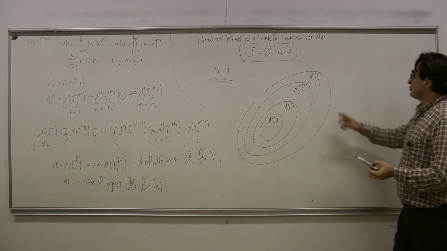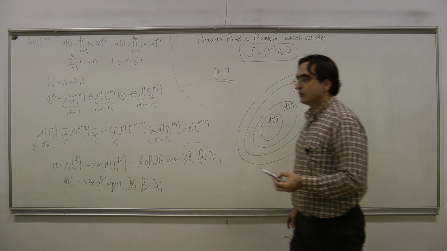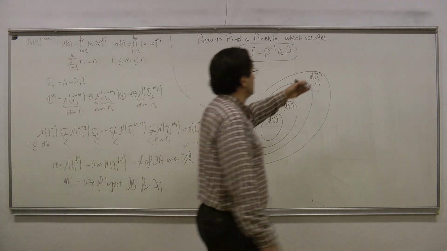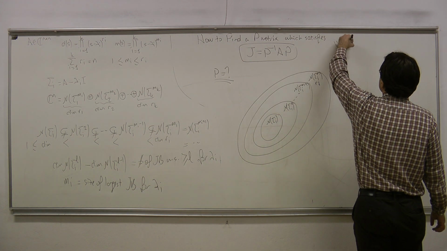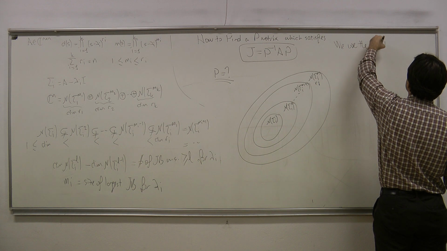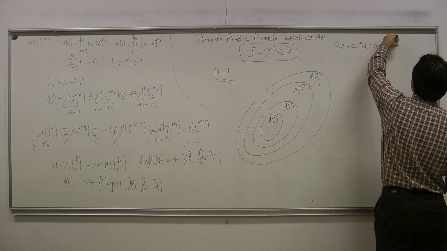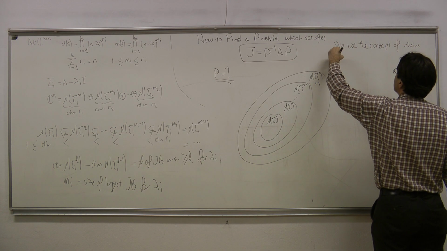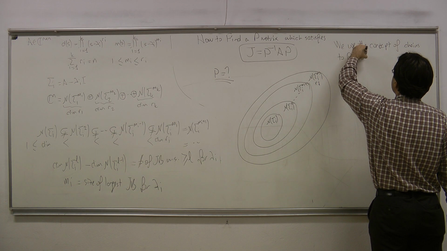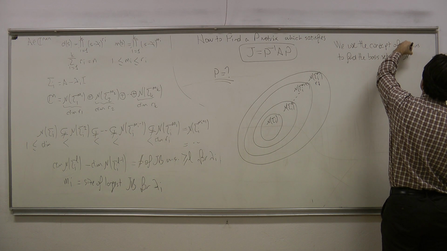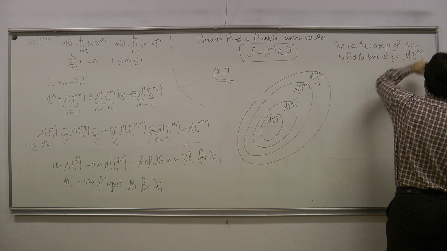In order to find these basis vectors, we are going to use the concept of chains to find the basis set for the null space of sigma I to the mi.